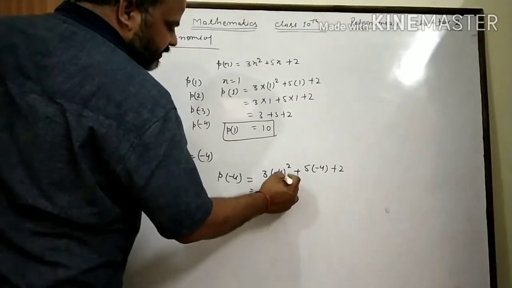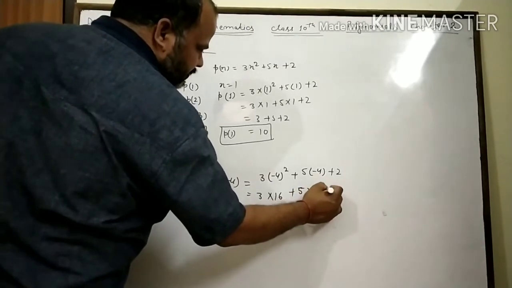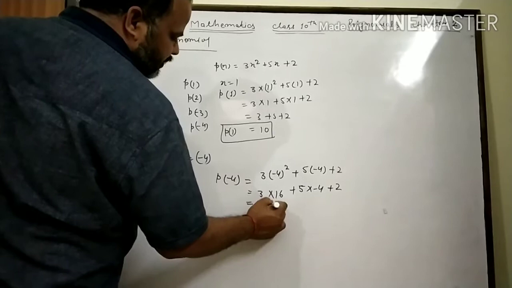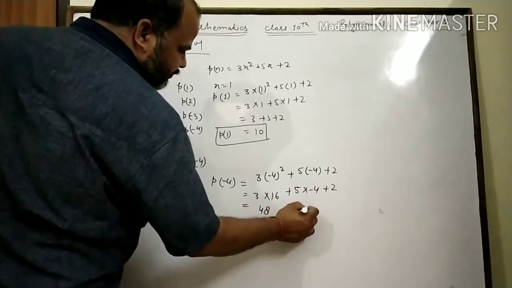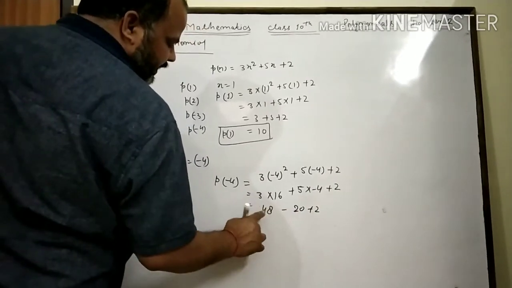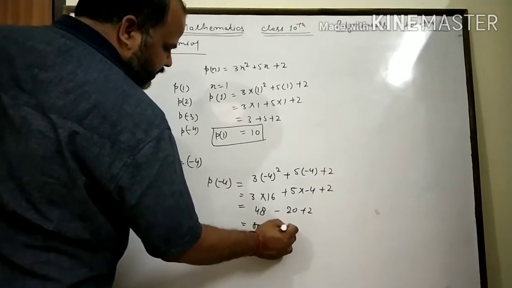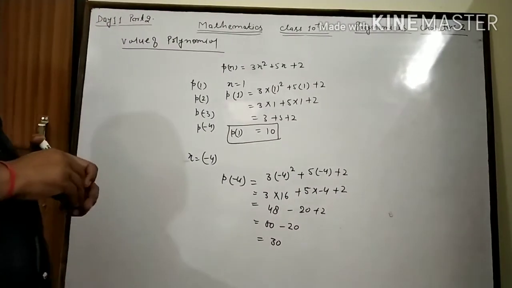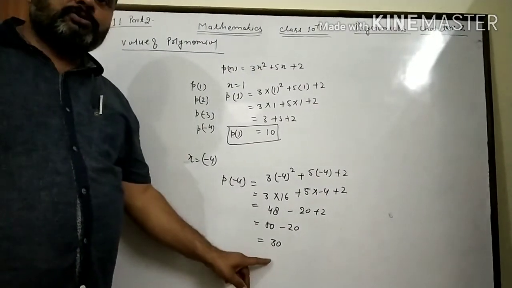Then it is 3 into 16 is 48, plus 5 into minus 4 is minus 20, plus 2. 48 plus 2 is 50, minus 20. It is 30. It means value of this polynomial at minus 4 is equal to 30.